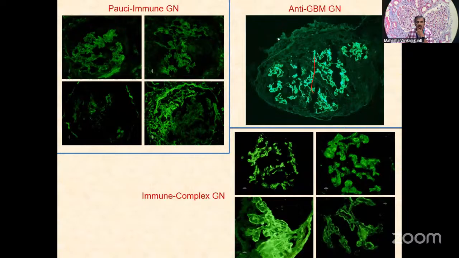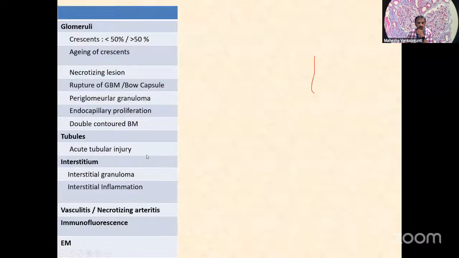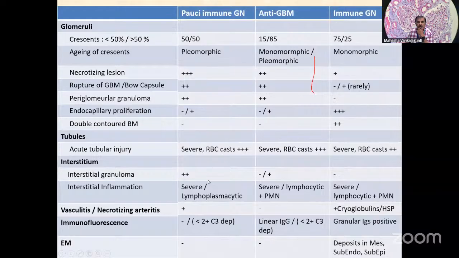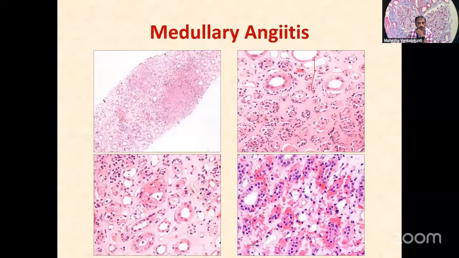In the RPGN presentation, these are the three panels of immunofluorescence, showing how it looks between immune complex, anti-GBM and the pauci-immune. And the pauci-immune would have this kind of angiitis in the medulla.